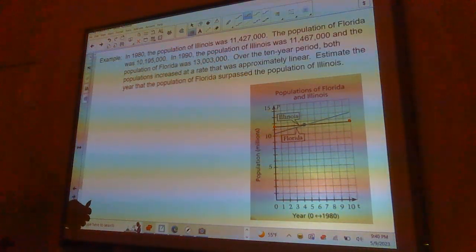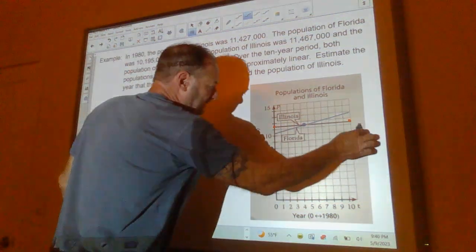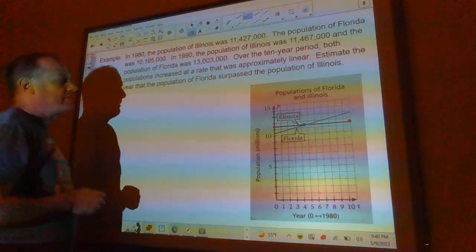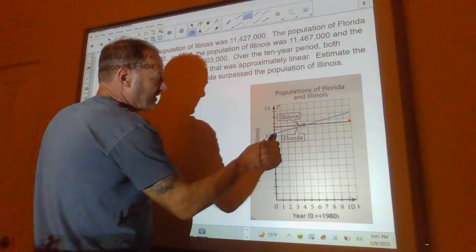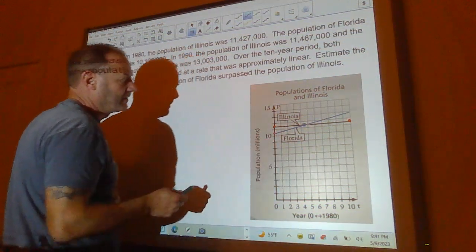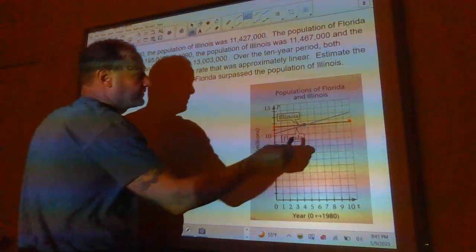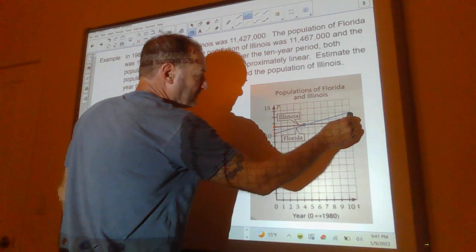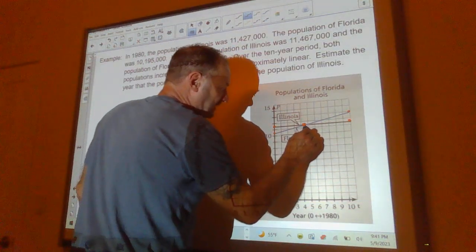That population is going to be 11,467,000. So that's almost a flat line. Okay, then Florida starts out at 10,195,000 right there. And it increases 10 years later to 13,003,000 over here. So I draw both those lines and they intersect right there.